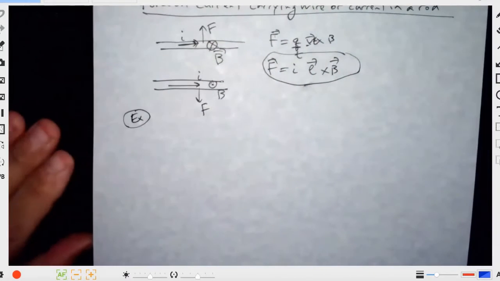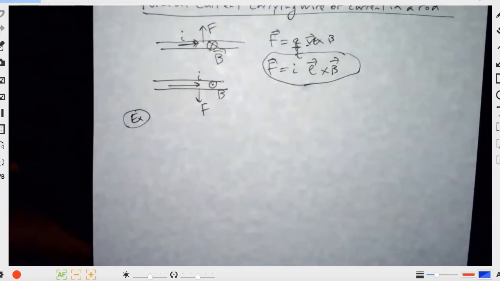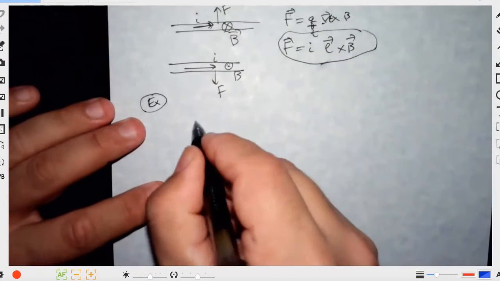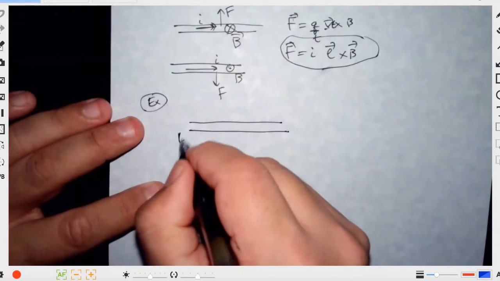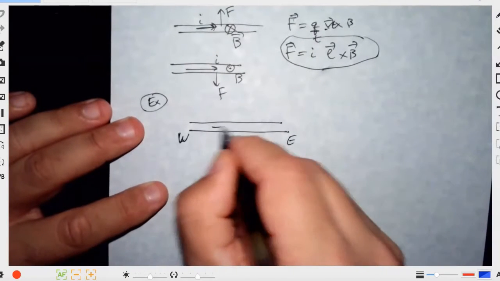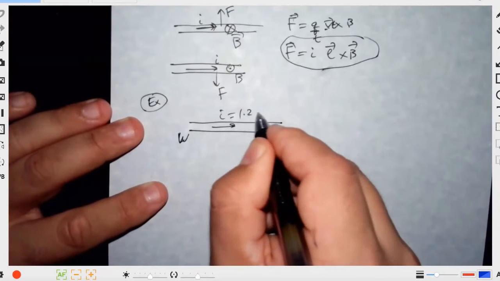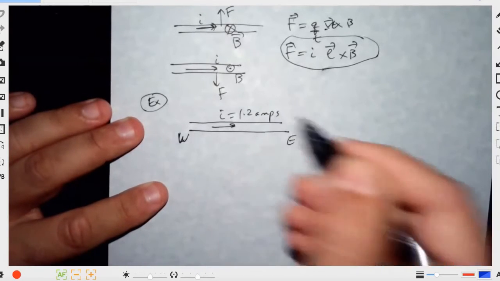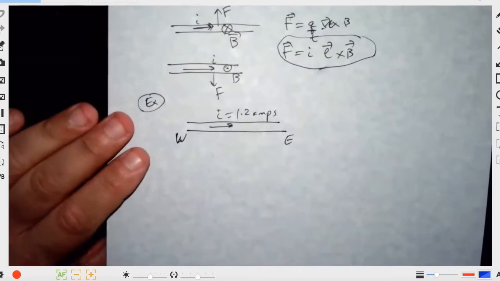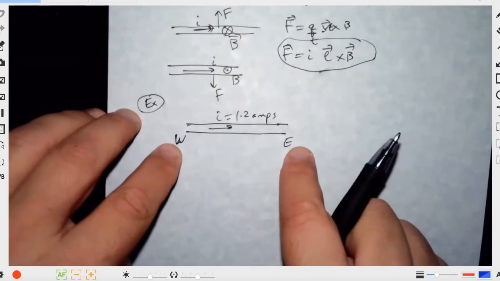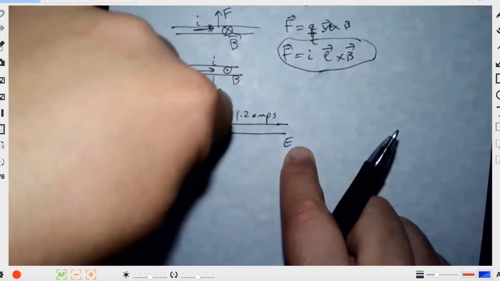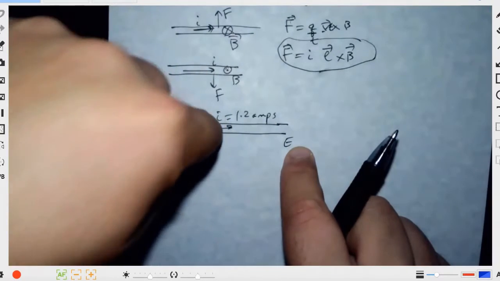One quick application of this is that you can have a wire, let's say, that is carrying current from west to east, let's say 1.2 amps. In this picture, this is west, this is east, and into the board means towards the ground.